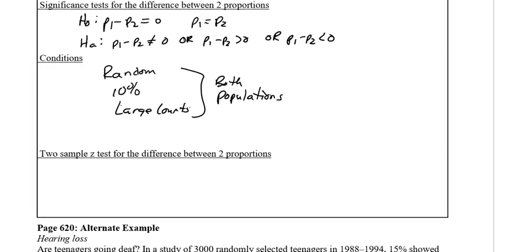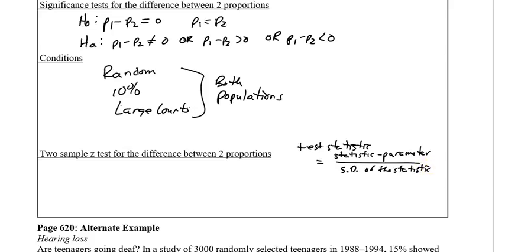So this goes back to what we know with our test statistic. We know that it's equal to the statistic minus the parameter divided by the standard deviation of the statistic.